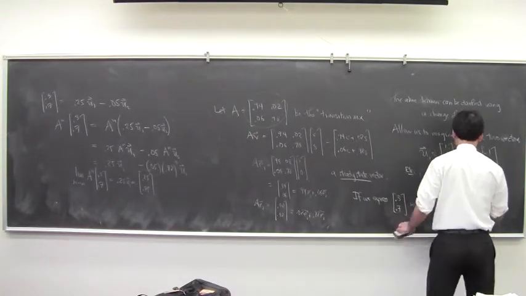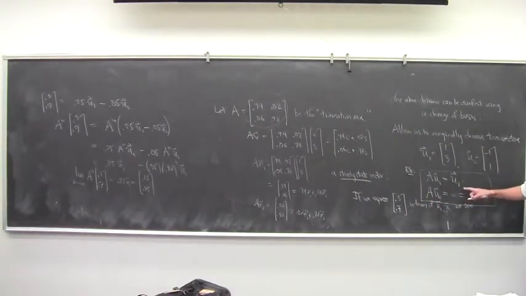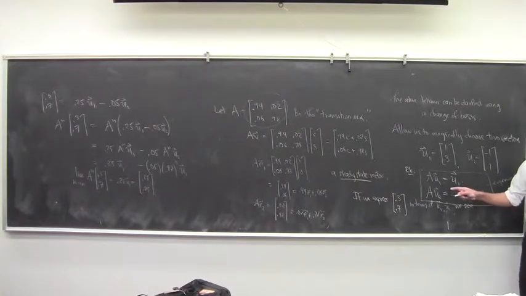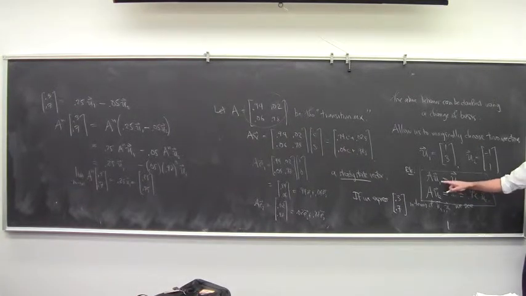Just to give you some terminology, these guys are called eigenvectors. Any vectors which, when hit by the matrix, only get scaled, are eigenvectors of A. They only get multiplied by some number. This guy is very nice, it gets multiplied by 1.